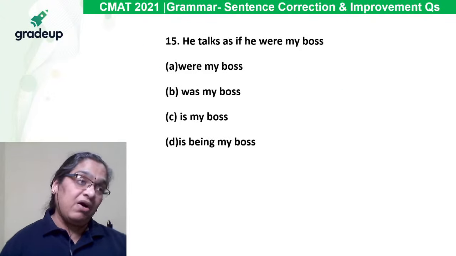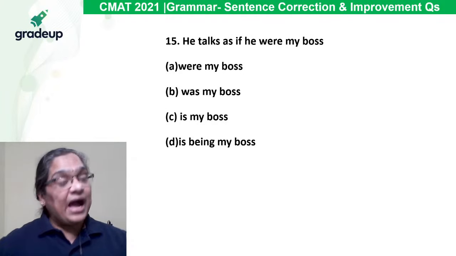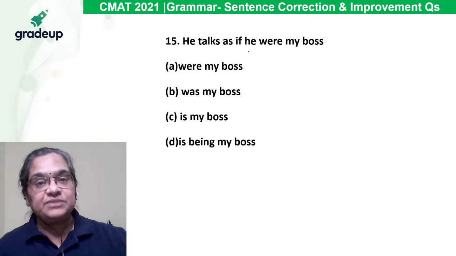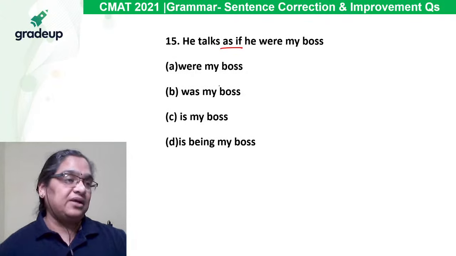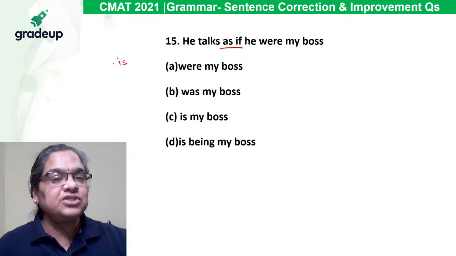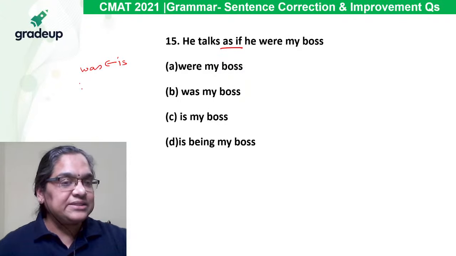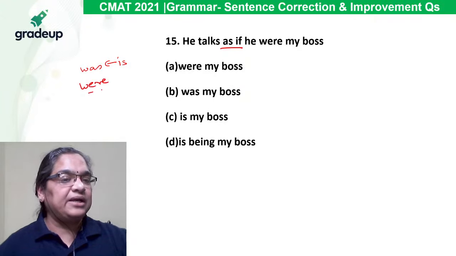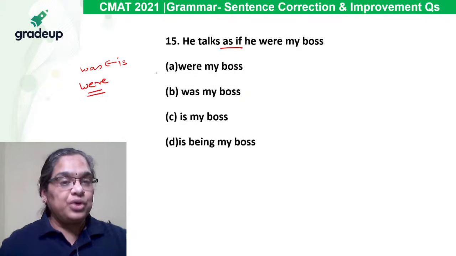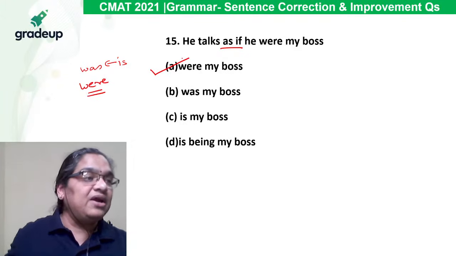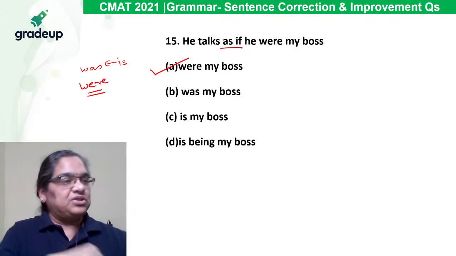You're talking of he is behaving as if, which shows it's a hypothetical condition. Now the past of is is was, but in the subjunctive case, hypothetical, it becomes were.